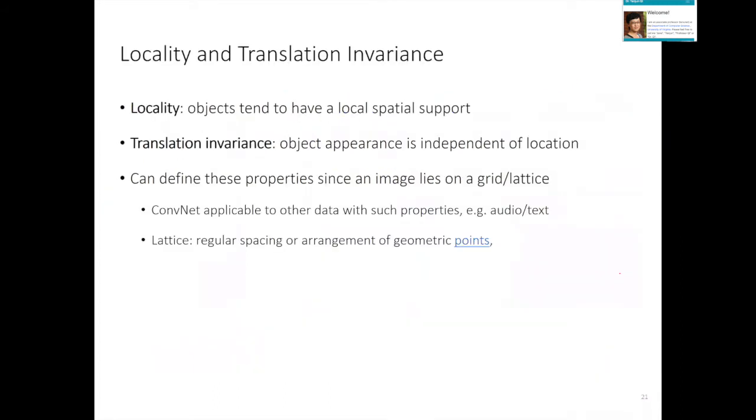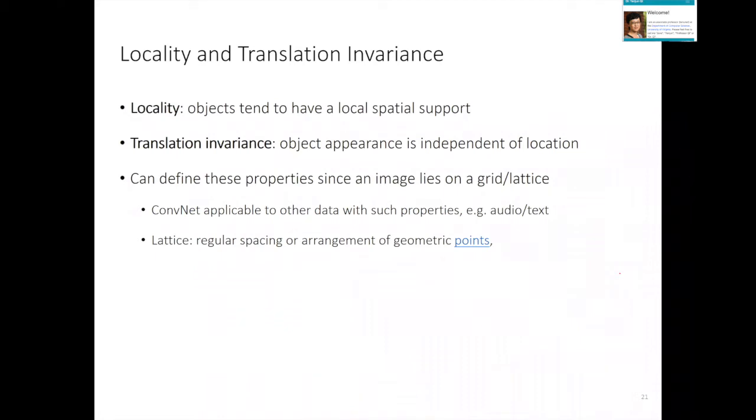The first intuition is that objects tend to have a local spatial motif structure. I don't need the whole image to recognize that's a cat. I don't need the whole image to recognize that small part is an eye. It's just very local. The second is, it doesn't matter where the bird really is in the whole image, whether in the upper corner, lower corner, or in the middle, it is still a bird.